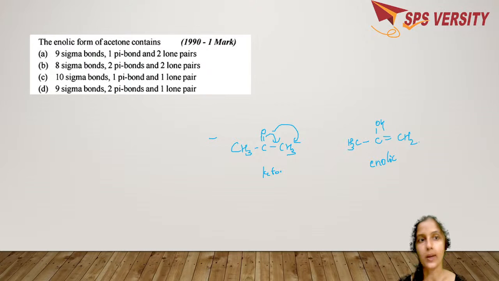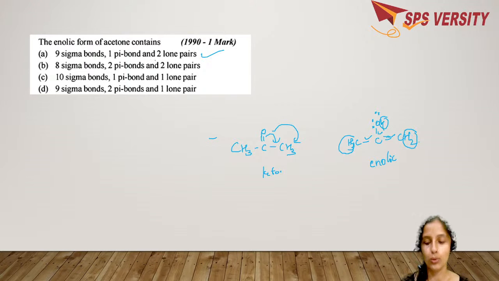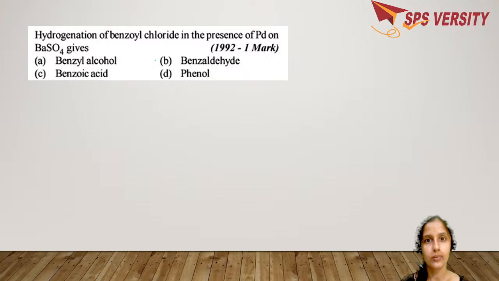See, there is only one pi bond. So go with only one pi bond options. And how many lone pairs are there? The two lone pairs are there for oxygen. So 1 pi bond and 2 lone pairs and 9 sigma bonds. So there are 3 sigma bonds here, 3 plus 1 sigma bond here, 4, and the 5th one, 6th one, 7th one, 2 here, 8th, 9th one. So 9 sigma bonds, 1 pi bond and 2 lone pairs of electrons.